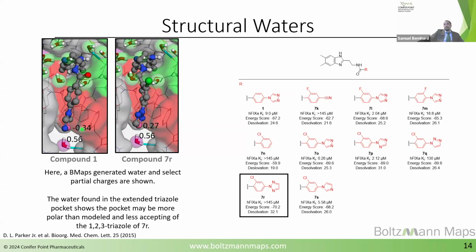So we can see that there is some charge complementarity here, not necessarily a hydrogen bond that's explicitly shown, but for this reason, we would expect to see compound 1 having a better affinity, even though the modeling didn't necessarily capture this. Additionally, this water that we found does provide an additional target for creating hydrogen bonds, or potentially we could explore the idea of displacing this water and forming a hydrogen bond to this 3-175.